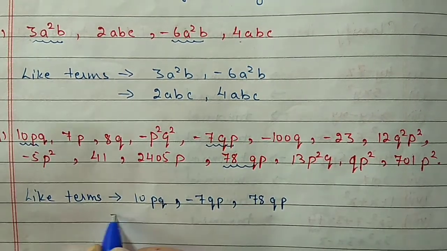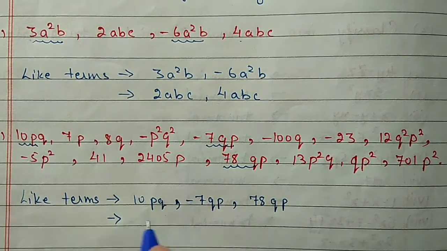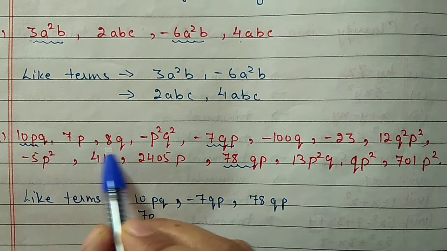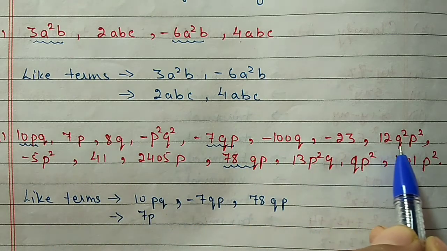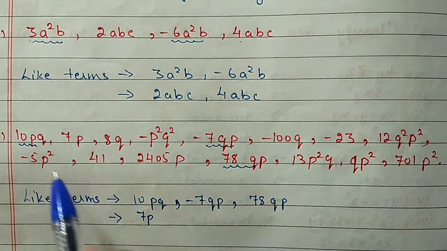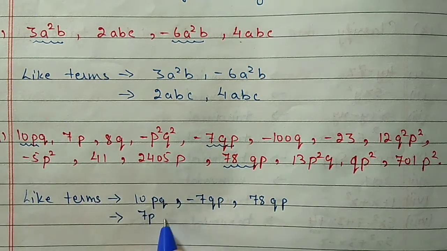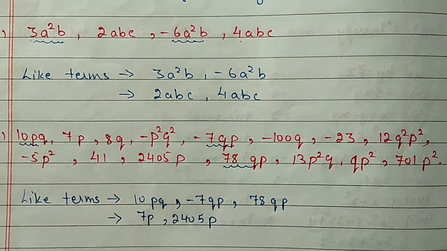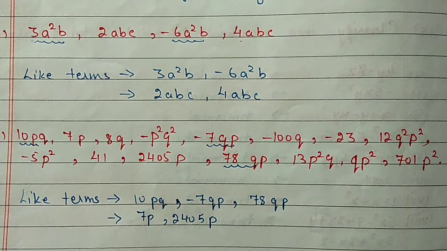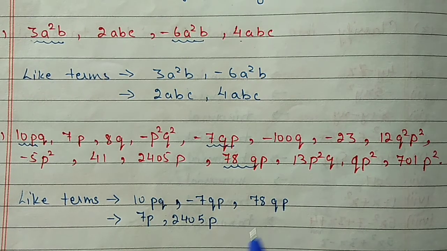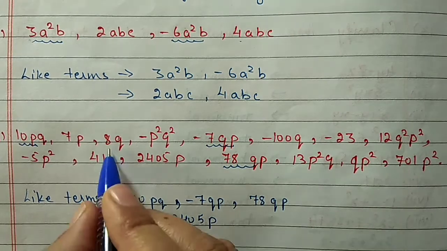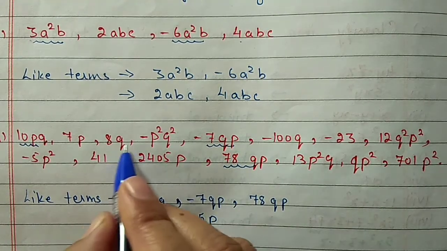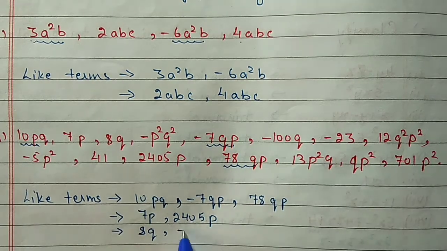Then we'll see another pair, P, 7P, then 2405P. After this we will check q: 8q, minus 100q.